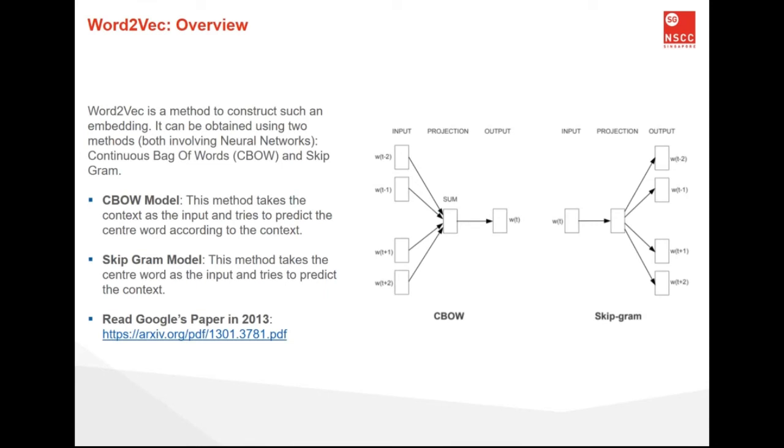Word2Vec is a technique for natural language processing published in 2013. The Word2Vec algorithm uses a neural network model to learn word association from a large corpus of text. Once trained, such a model can detect synonymous words or suggest additional words for a partial sentence.